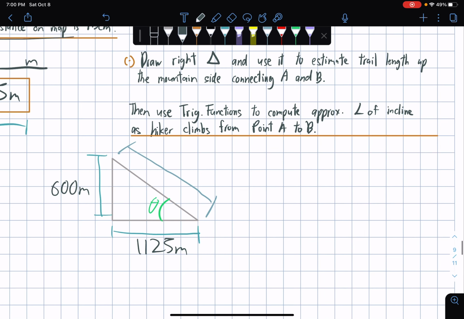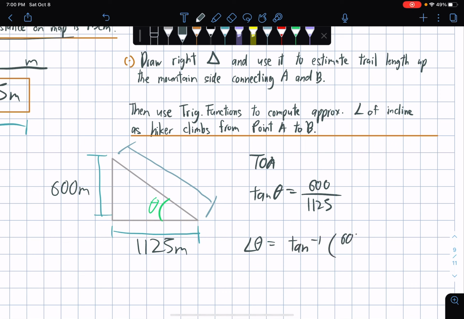So, TOA: tangent theta is equal to opposite side over adjacent side. Angle theta is equal to the arctangent of 600 over 1,125. We get 28.07 meters.